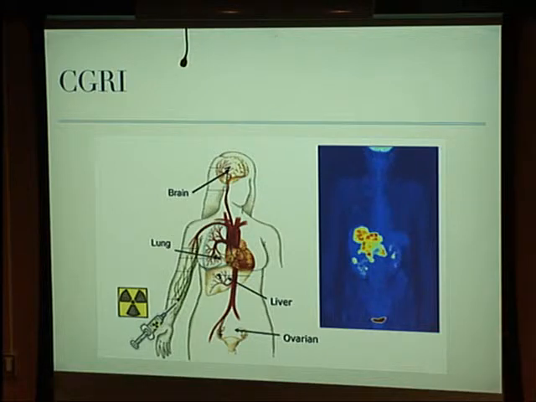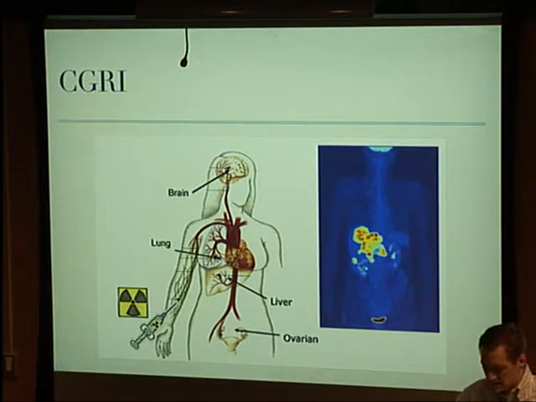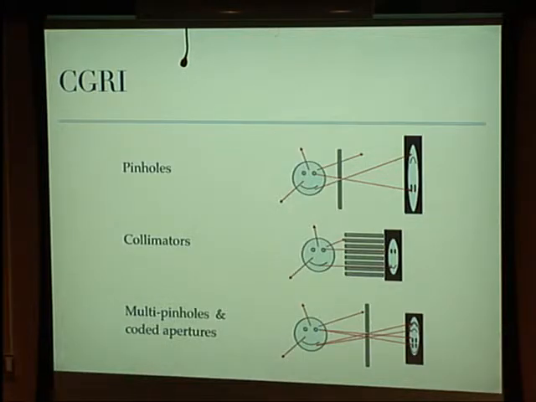Now, as you can imagine, we are imaging gamma rays, so these are generally high-energy photons. So we are not using lenses. We're not using conventional optics. Our optics are generally made of lead. Things like pinholes, things like collimators, parallel hole collimators. And in a lot of situations, we use multiple pinholes.